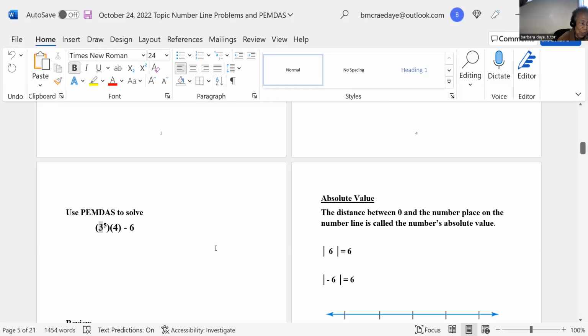So what are you going to do first? Multiply 3 five times. That's right. So too bad you don't have a calculator. Multiply by 3 five times, and you get the answer. And then you add.